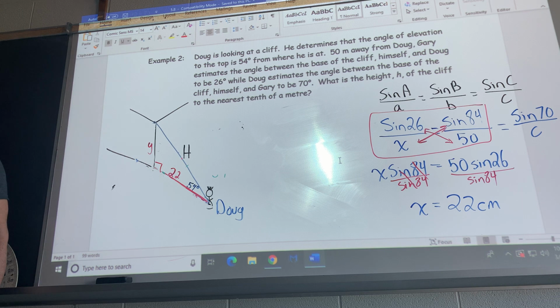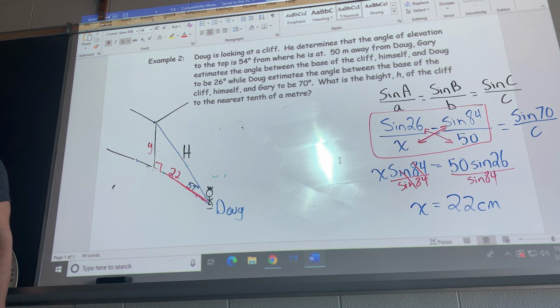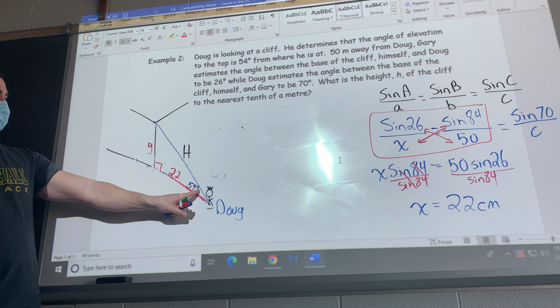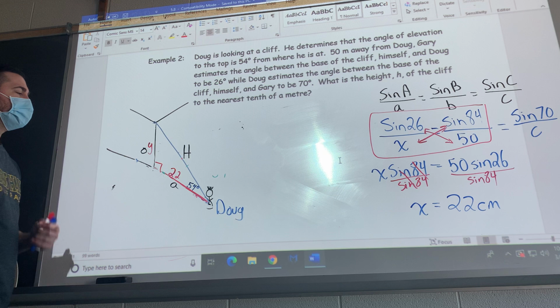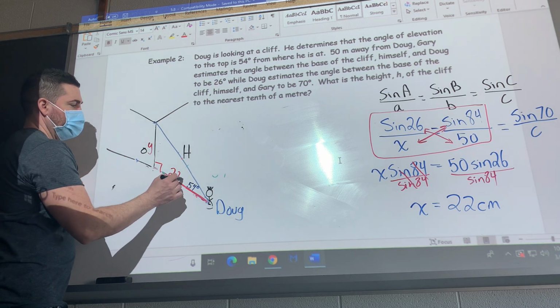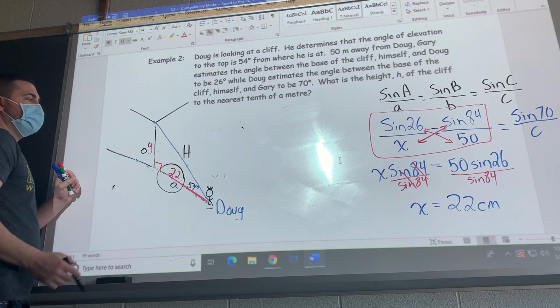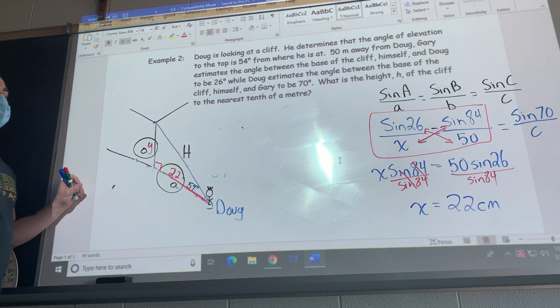Okay, opposite is where? Left or bottom? Left, because it's across from the 54. So opposite, and now the bottom is A. So what do we have? We have our adjacent side. We need to find our opposite side, and we're given the angle.